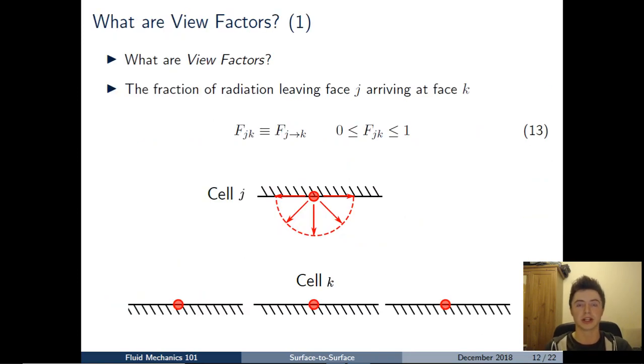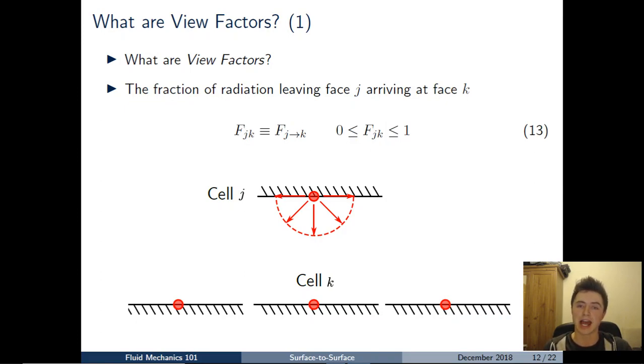So the way we do this, linking the cells together in the mesh, is we need to consider a view factor. And you'll often see view factors talked about in your CFD manual and in help guides online. So what is a view factor? Usually we use the notation F with two indices as subscripts. So here I'm going to use F with J and K as subscripts.